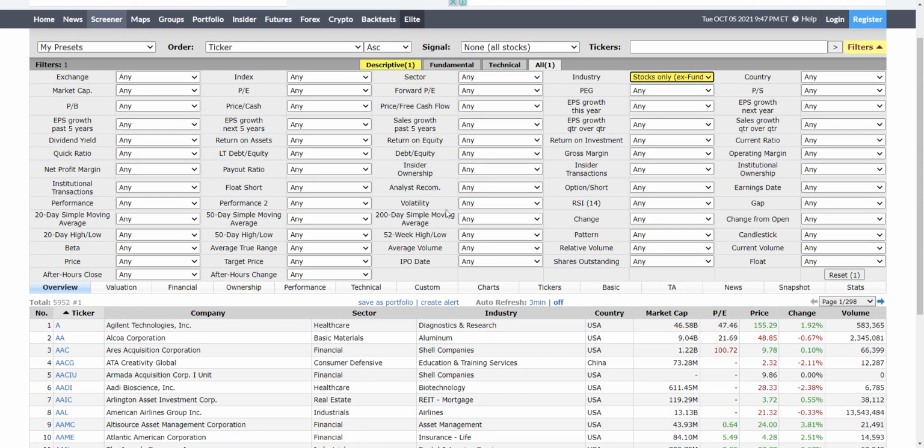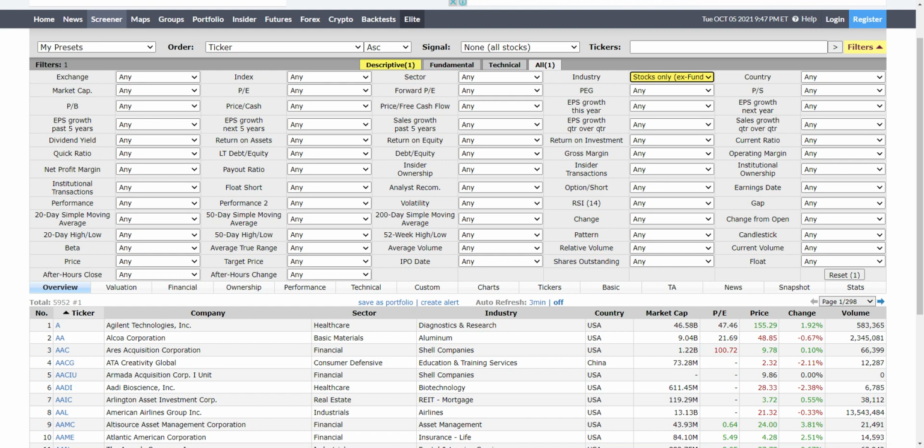If the price is above that line, the 200-day simple moving average, it is bullish. The price is moving to the upside, and of course the moving average is going to move with it. It says that we're in a great uptrend.